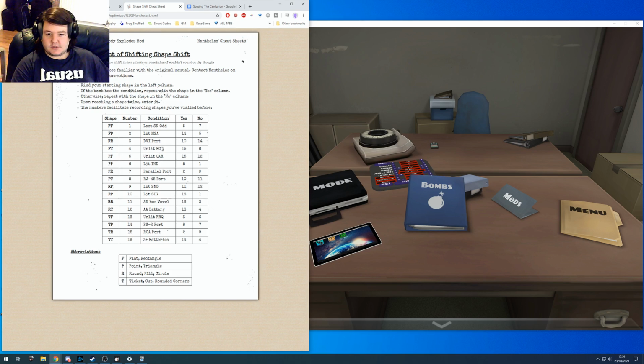There's no serial port condition, that's interesting. We've got, I think, everything else, right? DVI, parallel, RJ, PS2, RCA. Just no serial.